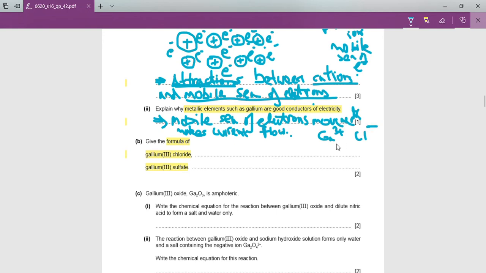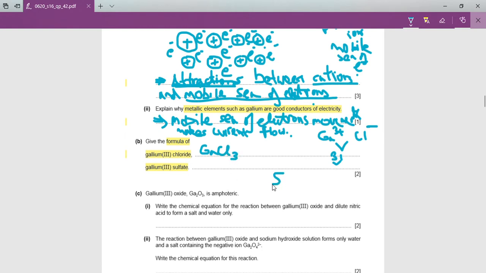So you get 3 and 1, then you cross them over, so you actually get GaCl3.